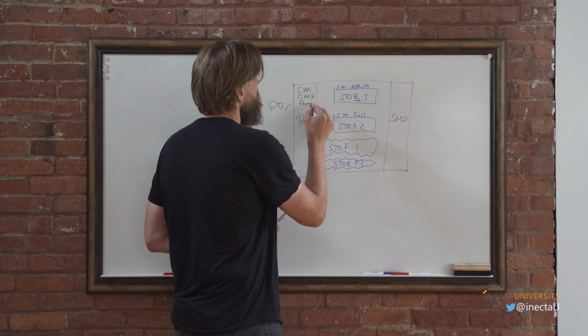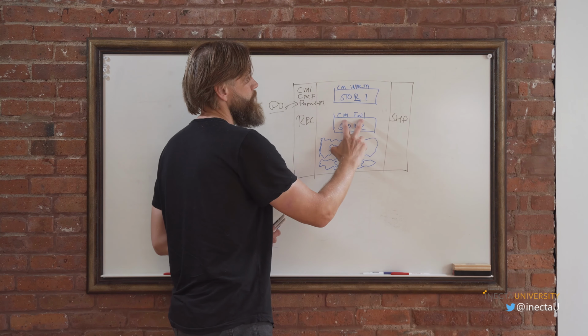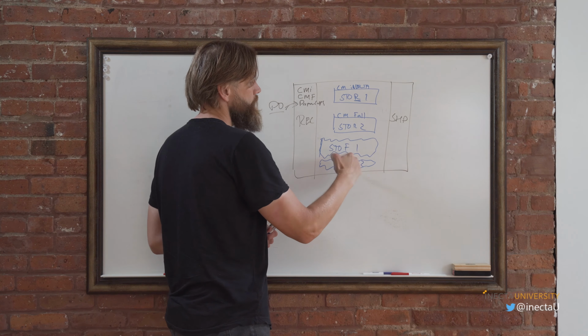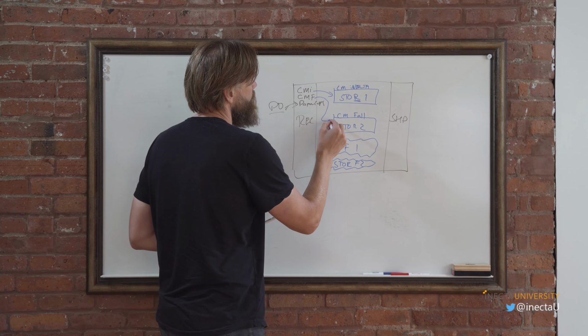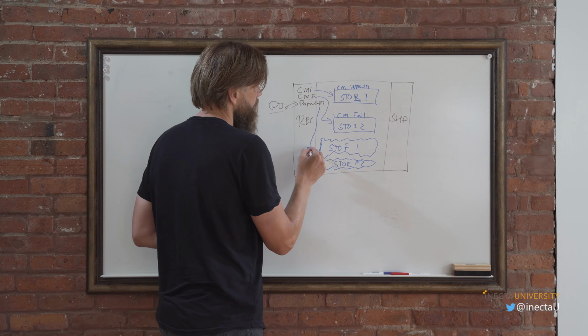So when we put away from the receiving bay, if we set this up to be a fixed rack for coffee mugs inecta, fixed rack for fall, and this is floating, the system will automatically say, put the coffee mug for inecta here, put the coffee mug for fall here, and put the paper cups either here or here. I don't know how it decides that, but for us it didn't matter. We just wanted to define a floating bin.